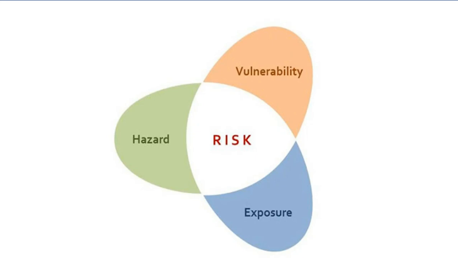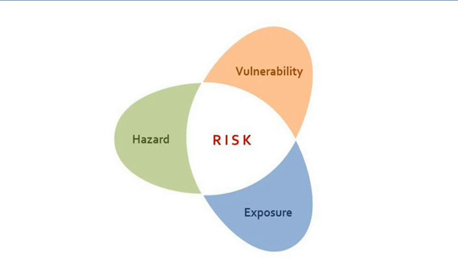Next is your exposure. Exposure is the exposed population density: the people and the property. What kinds of property do we have? Houses, residential buildings, farmlands, and so on. Vulnerability is the structural and physical social profile, the resistance against natural hazards.